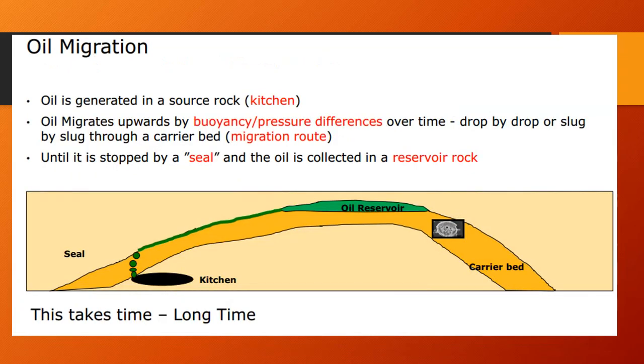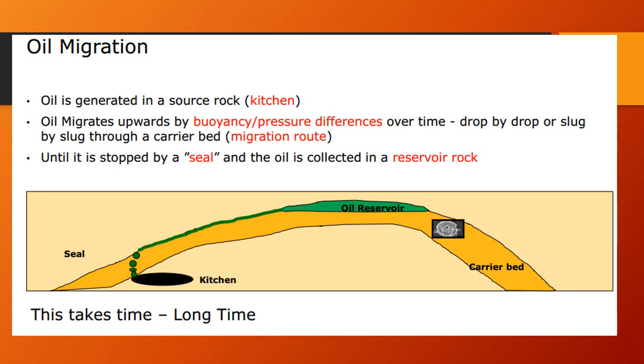So to explain that in more detail, the rock is cooked in the kitchen, generated in this source rock, migrating. It can be a rather long migration route through faults, so through all sorts of unconformities in geology, and then it migrates to the oil reservoir that is represented by this green area.